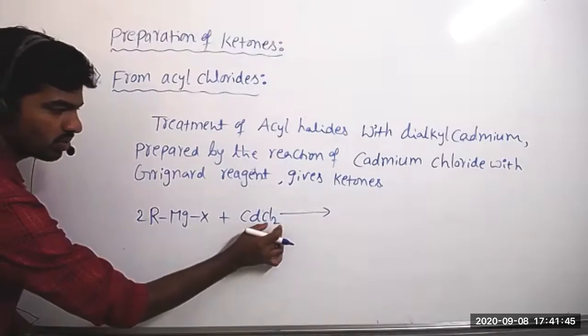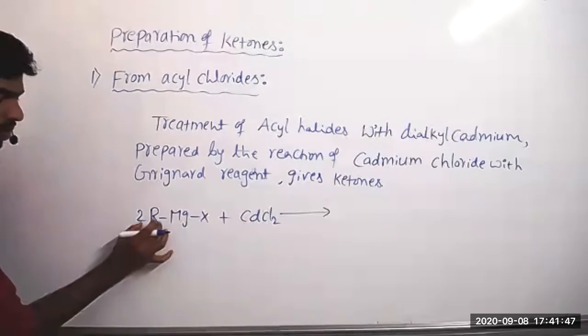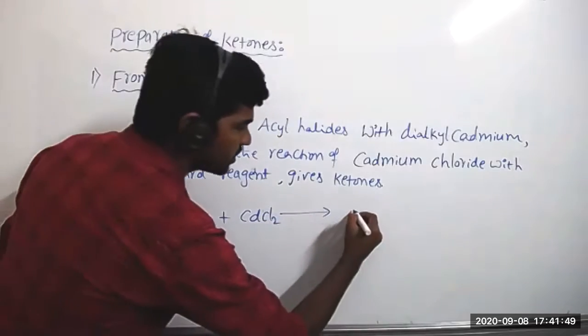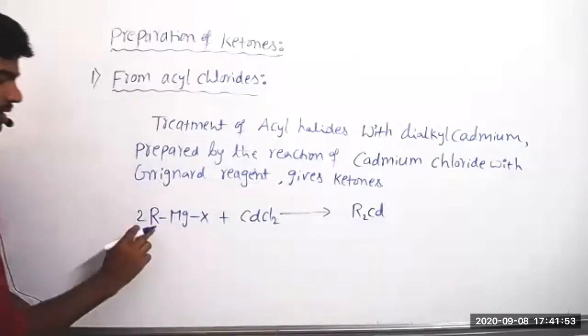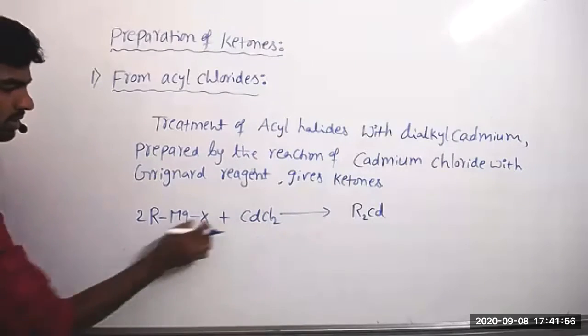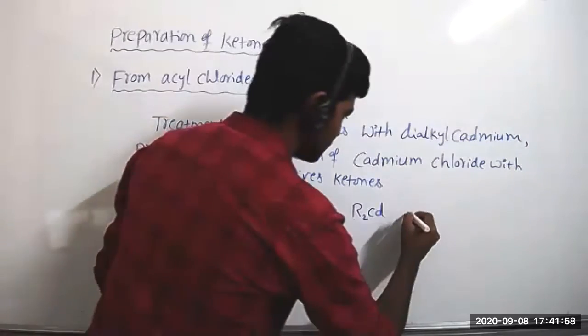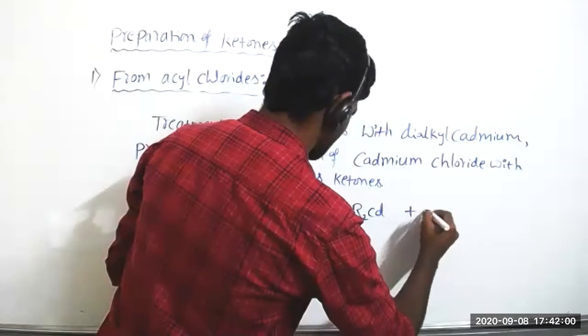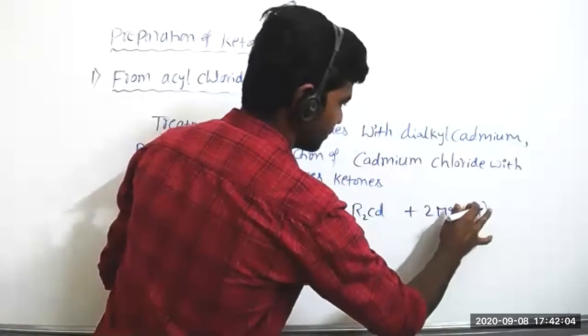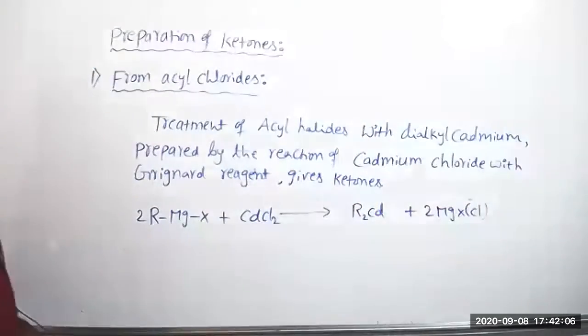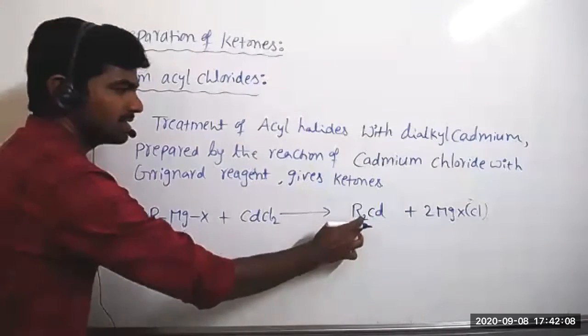Here these 2 chlorine atoms are completely replaced by 2 R, only by R. So it gives R2Cd. Instead of 2 chlorines, I'm writing R2. And the 2 chlorines come here, so it gives 2 moles of MgXCl, that is the byproduct.